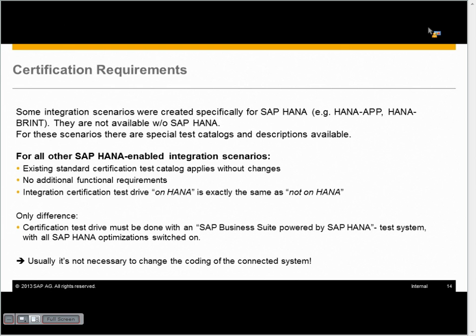We have no additional functional requirements, and also the integration certification test drive on HANA is exactly the same as not on HANA. The only difference is that we will perform the certification test drive with a Suite on HANA system where all the HANA optimizations are switched on. As a consequence, usually it's not necessary to change the coding of the connected system.